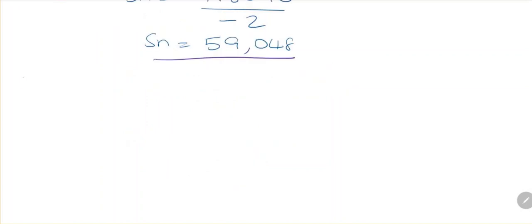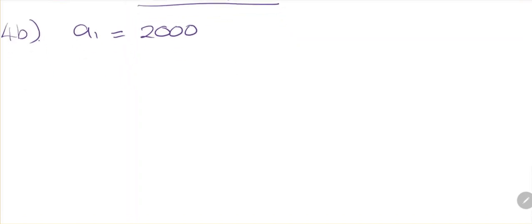Okay, and 4b, I'm just going to rewrite the question. So we're told that A1 is 2000, AN, the last term, is 125, and the ratio is a half.